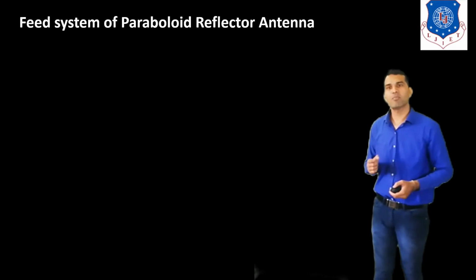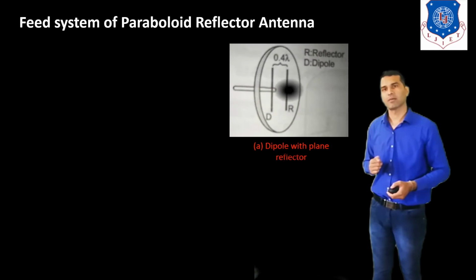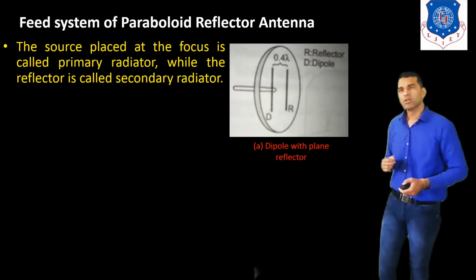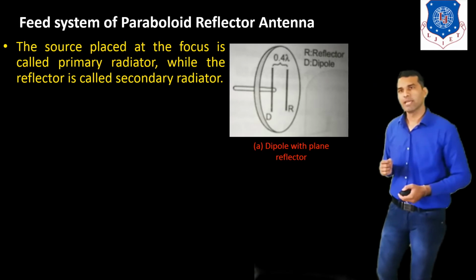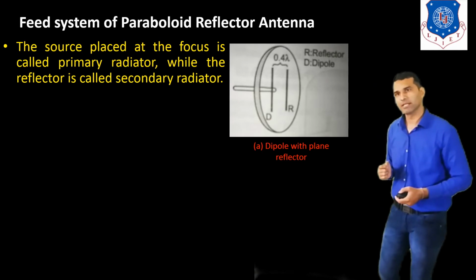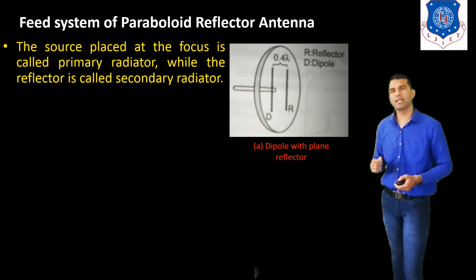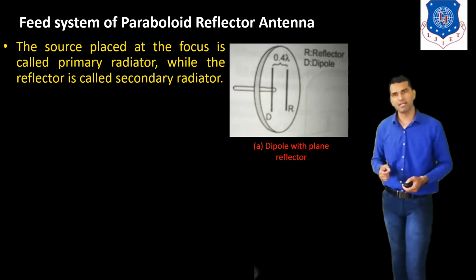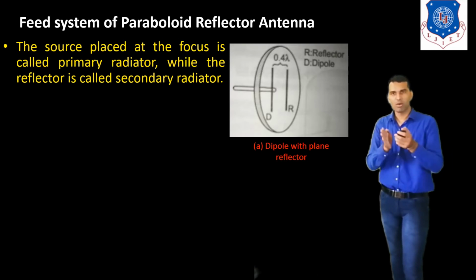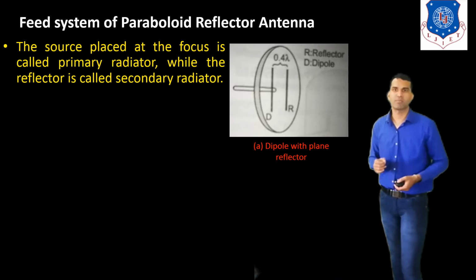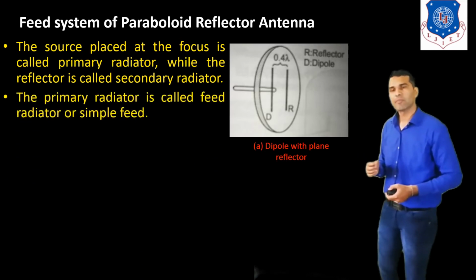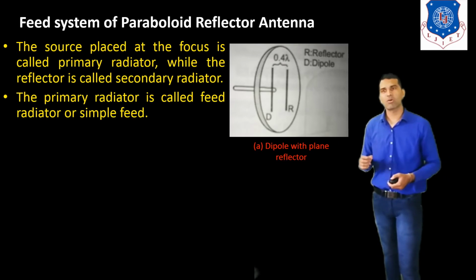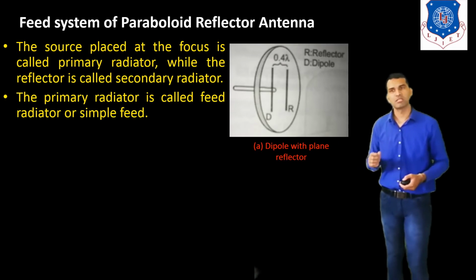Now, the feed system of a paraboloid reflector antenna. The source placed at the focus is called the primary radiator, while the reflector is called the secondary radiator. The primary radiator is called a feed radiator, or simply feed.